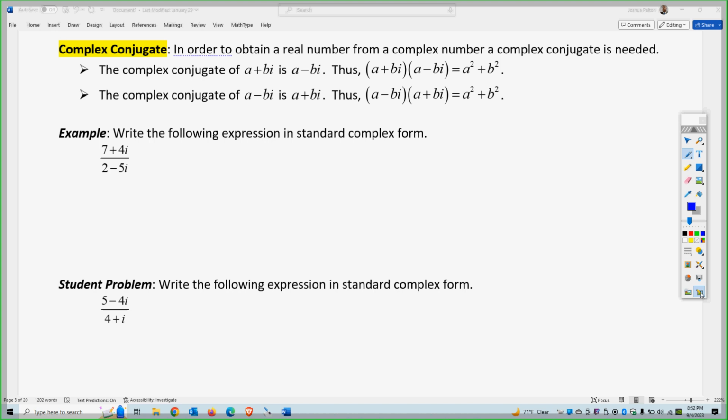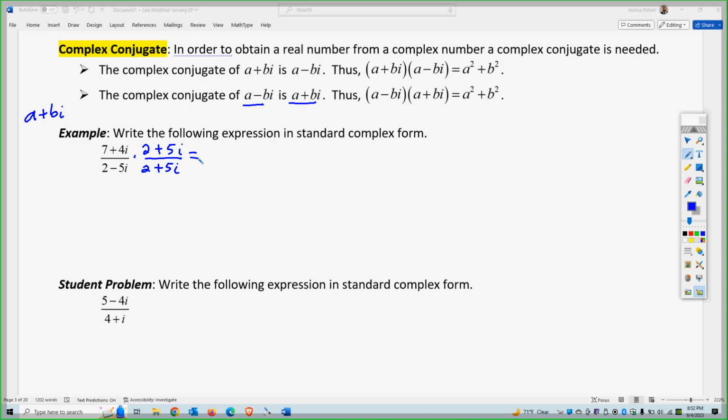So that's the problem. I can't write the final answer in a plus bi, which is what I want. So what I need to do is use a conjugate. The conjugate of a minus is a plus. So I'm going to multiply by 2 plus 5i over 2 plus 5i, which will conjugate the bottom, which is what I want.